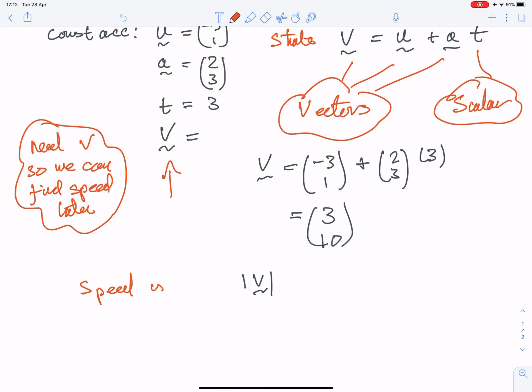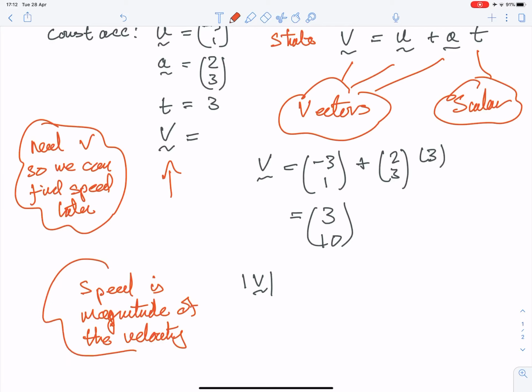Speed is magnitude of the velocity. So use Pythagoras.